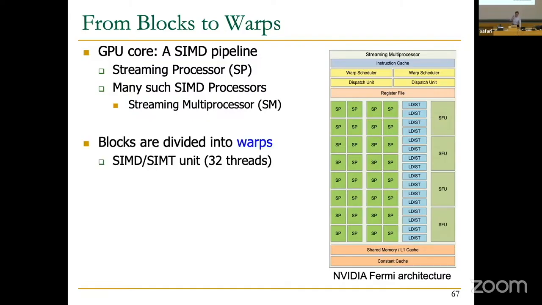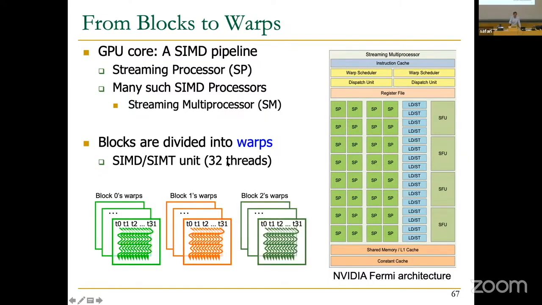But basically, when the programmer specifies the blocks, these blocks are divided into warps and sent to SIMD units. The width of each SIMD unit specifies the warps. So you may have 32 threads in a warp, for example. And then you may have different blocks specified by the programmer. These are blocks of code that do essentially the same thing using different threads.